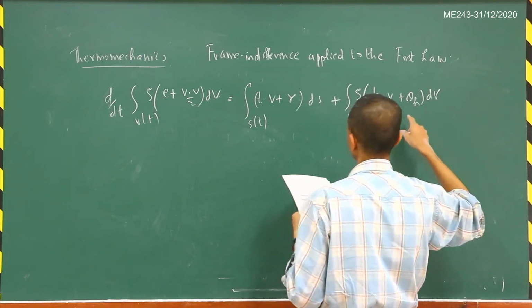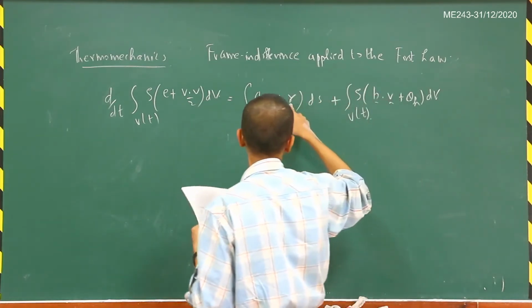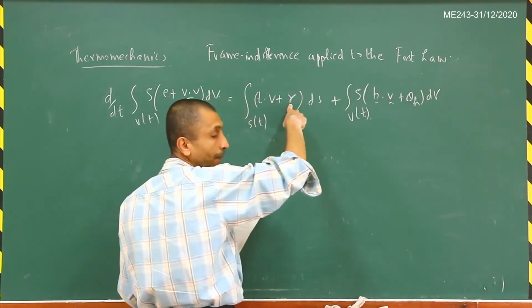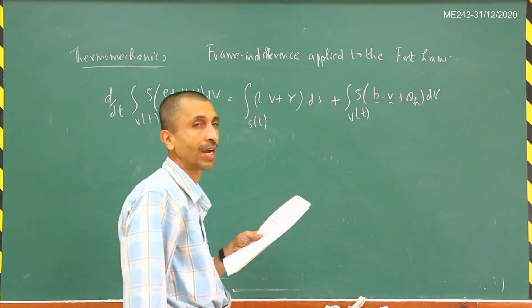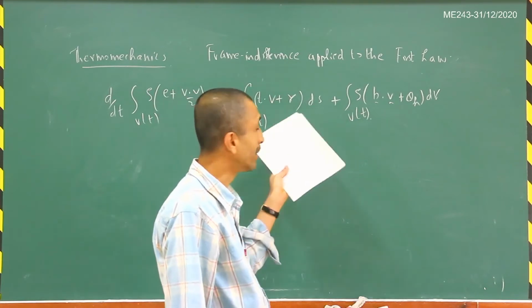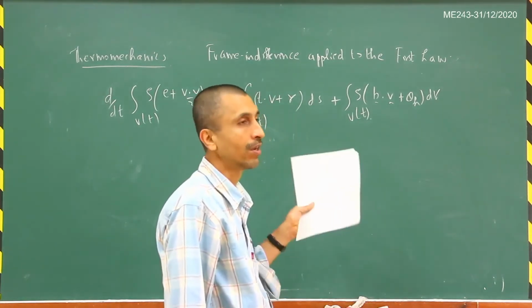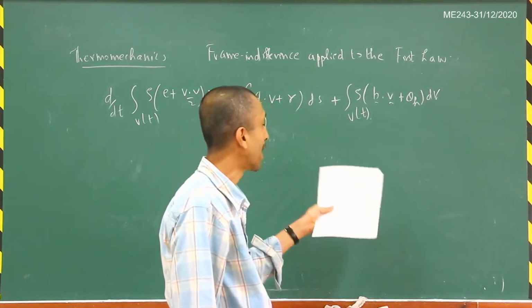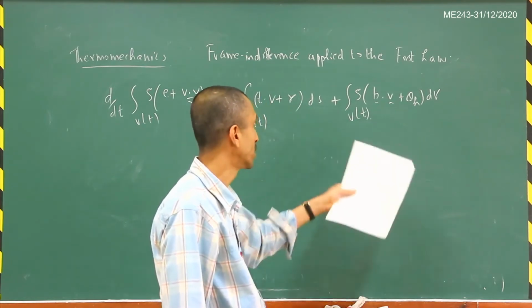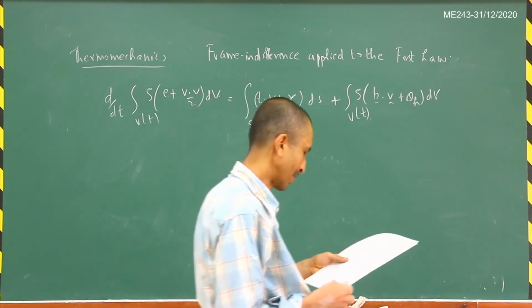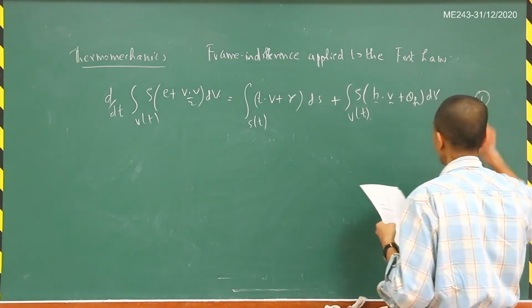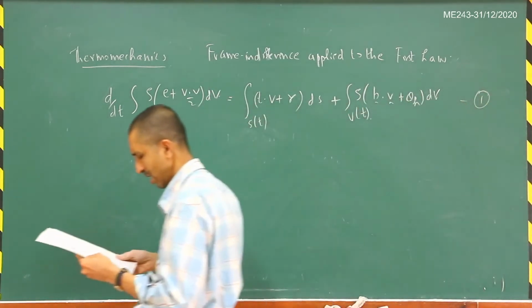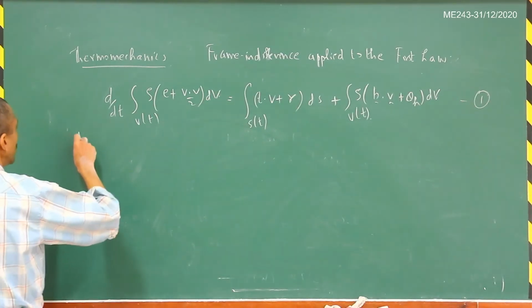So here actually instead of putting q dot n, I will put gamma. Okay, so we are not assuming now that you can write this gamma as q dot n. That is something we will deduce now by applying frame indifference to this first law of thermodynamics here. So let us call this equation 1, and assume under the change of observer.